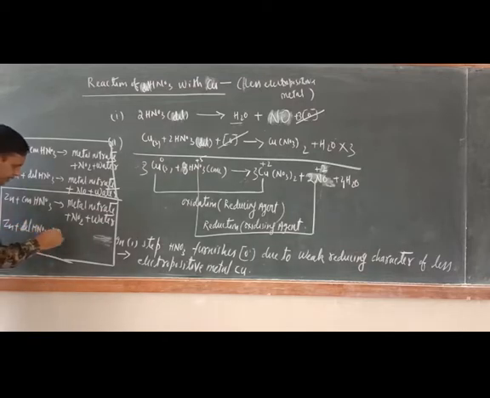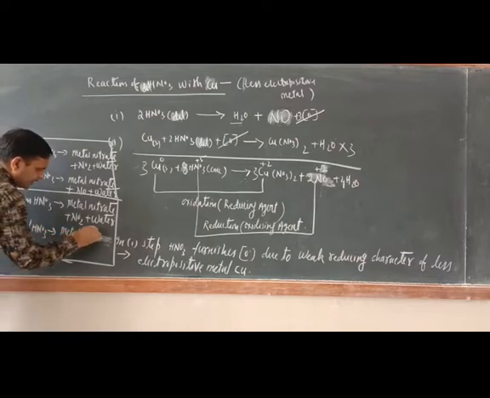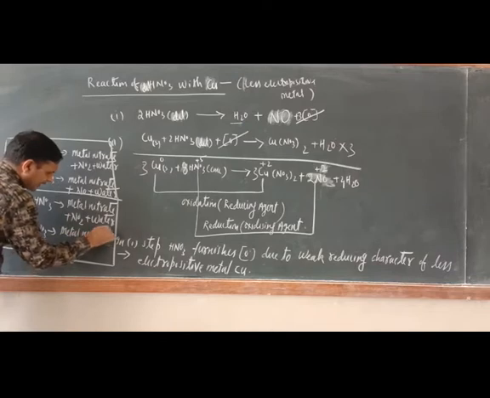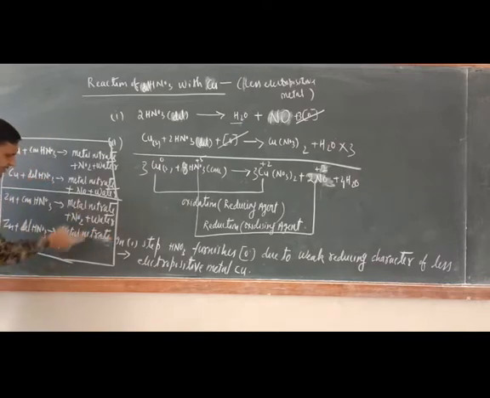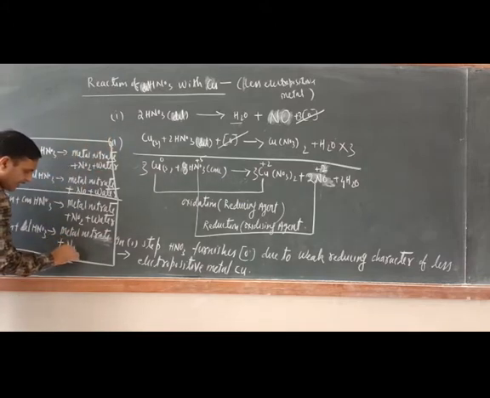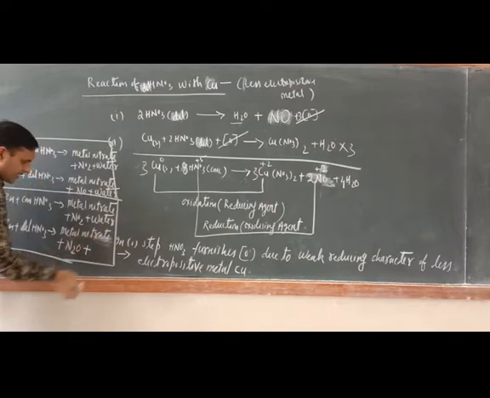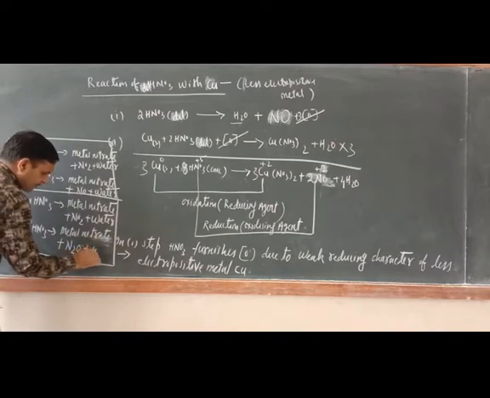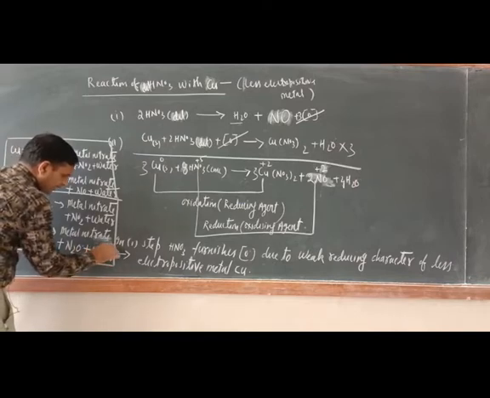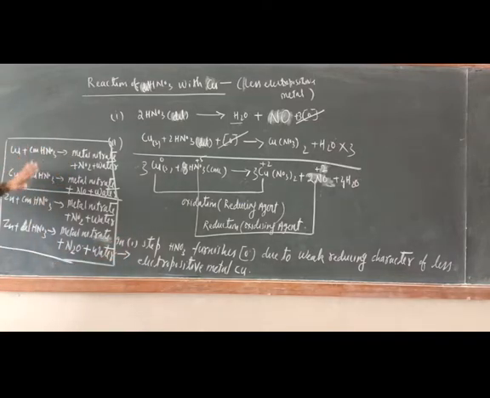What is the product here? Metal nitrate plus, just see, just now you have written, before this reaction we have completed, here the product was N2O, nitrous oxide, plus water. So these are the differences and conclusion.